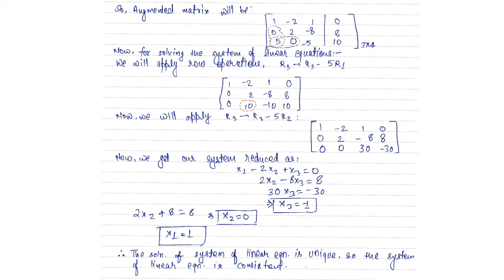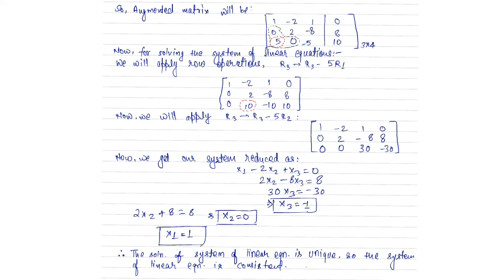By applying this row operation, we get 0 minus 0 is 0, minus 10 plus 40 becomes 30, and 10 minus 40 becomes minus 30. After this process, we get the equations 30x3 is minus 30, 2x2 minus 8x3 is equal to 8, and x1 minus 2x2 plus x3 is equal to 0.